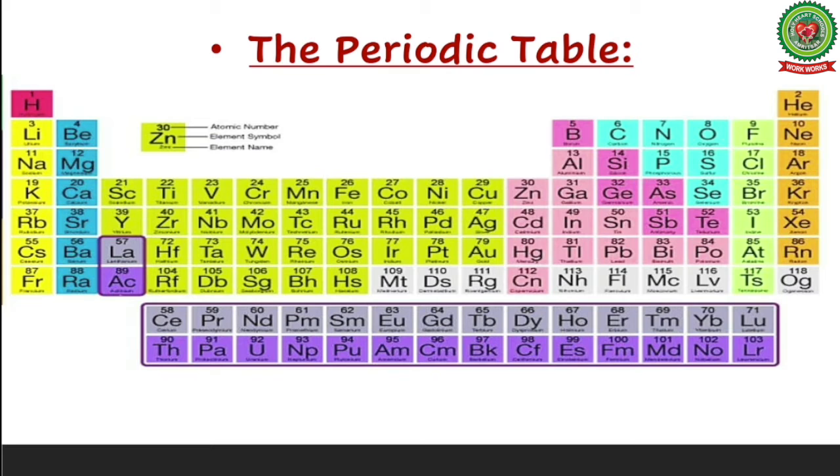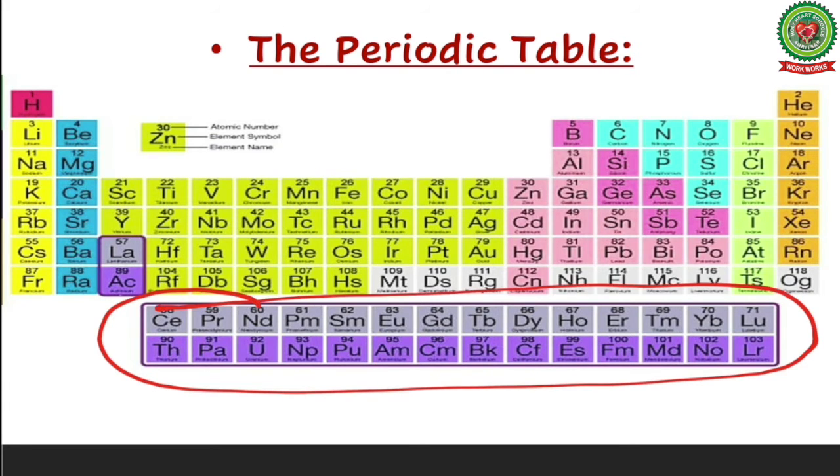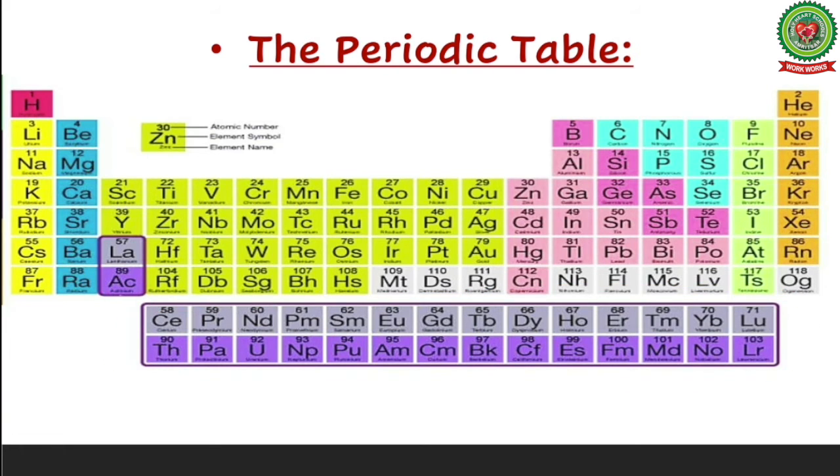Similarly, when we talk about the elements present at the bottom of the periodic table, their last three shells are incompletely filled, so they are known as inner transition elements. They are present at the bottom of the periodic table. So this was about Bohr's classification.